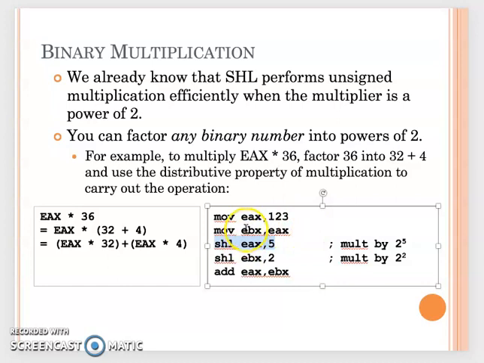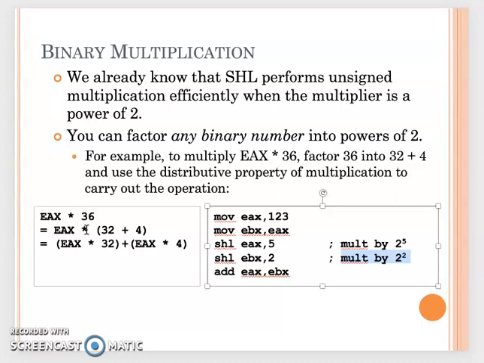Afterward, I use EBX to shift to the left for 2 bits, so EBX contains the original EAX value times 4. Then I add them together. At the end, did I get EAX times 36?